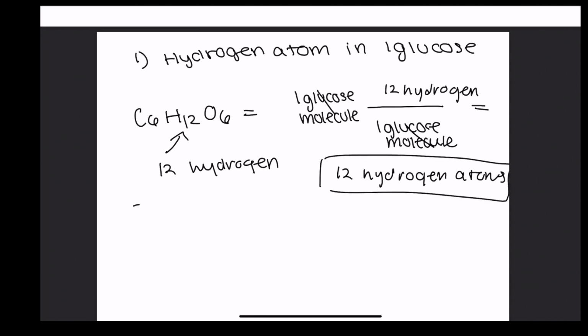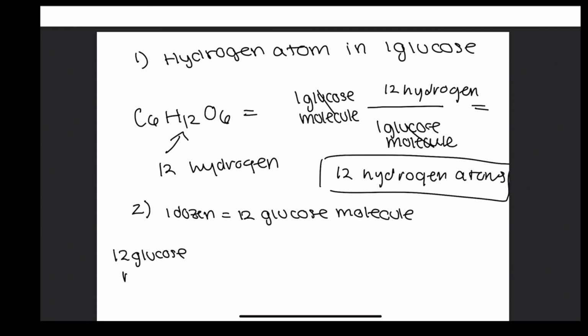And then for number 2, if we solve it for hydrogen, it's asking how many atoms of hydrogen there are in 1 dozen of glucose. So 1 dozen is equal to 12 glucose molecules. So we have 12 glucose molecules. Do the train, 1 glucose molecule.